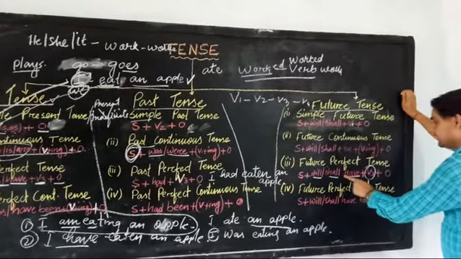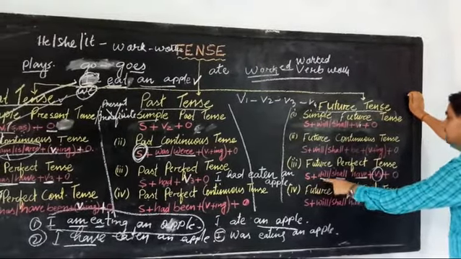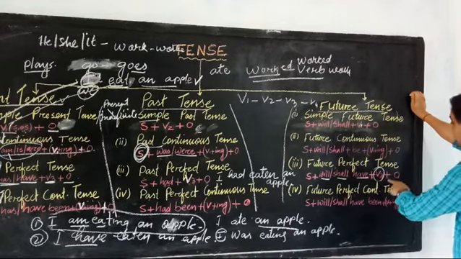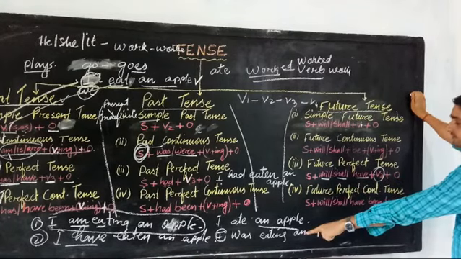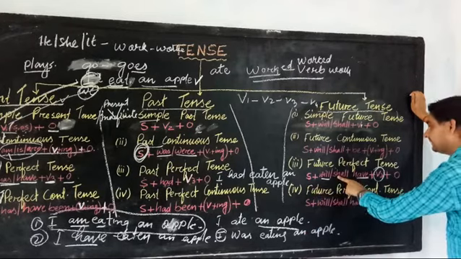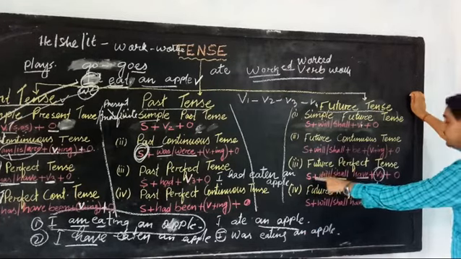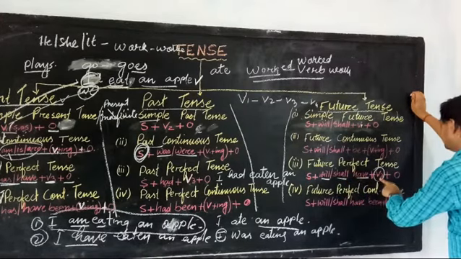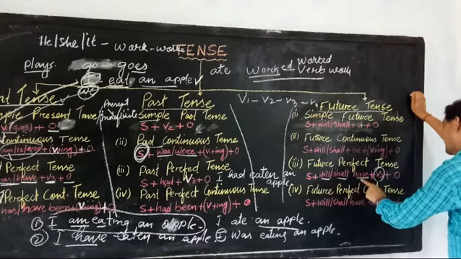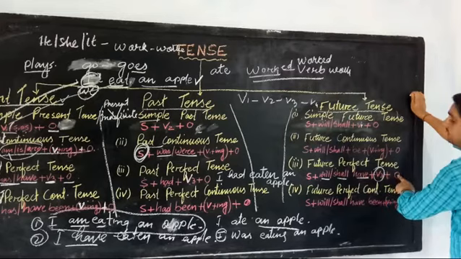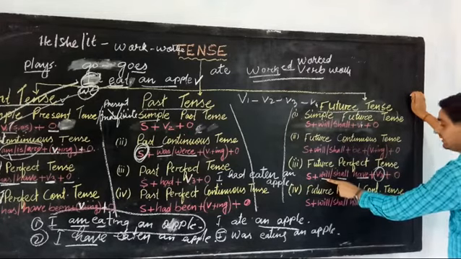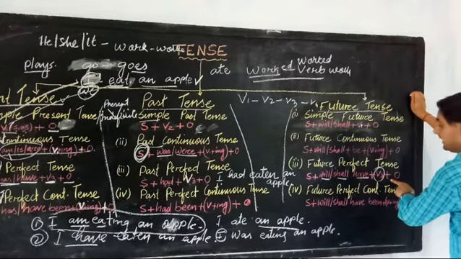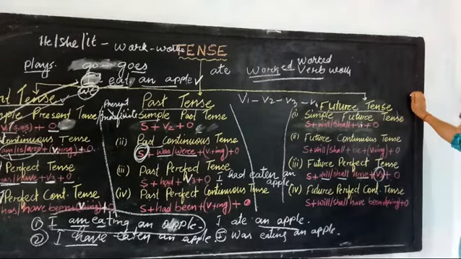I will have eaten an apple. If you convert this sentence into future perfect tense, then: I will have eaten an apple. Clear, all of you?